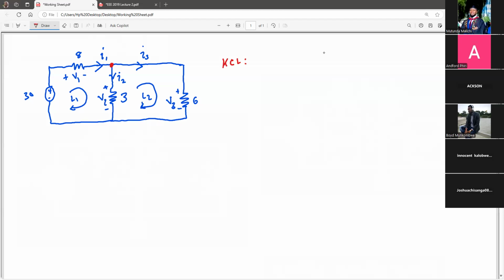You can take your own assumption, but I like to assume that the currents entering a node or boundary are positive, and the ones leaving are negative. So I can say I1 minus I2 minus I3 is equal to 0.